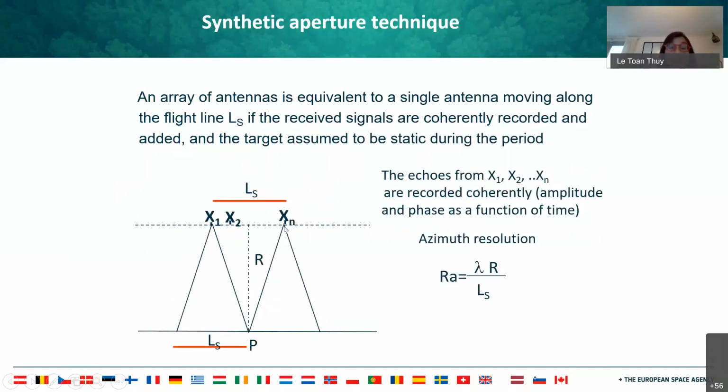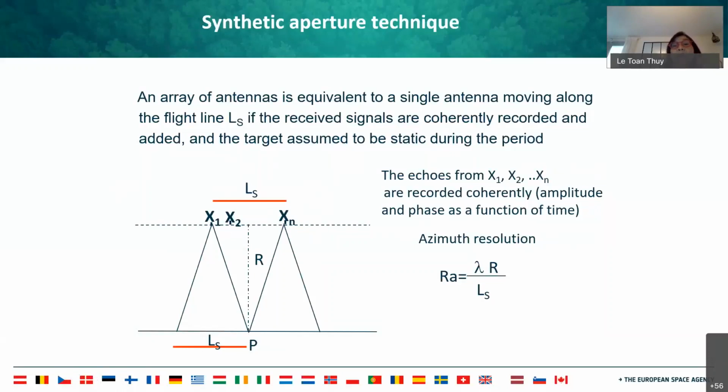Okay, if one point on the Earth is P, and when the antenna is at the place X1, then we start to have the signal from the radar at P. And if the antenna moves to X2, Xn, etc., each time the point P is seen by the antenna.